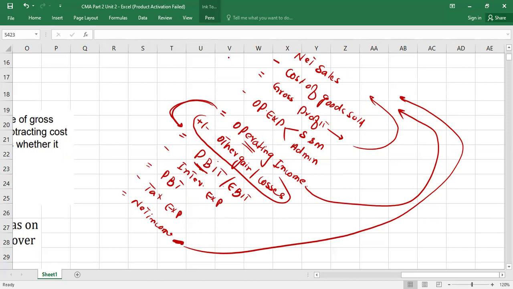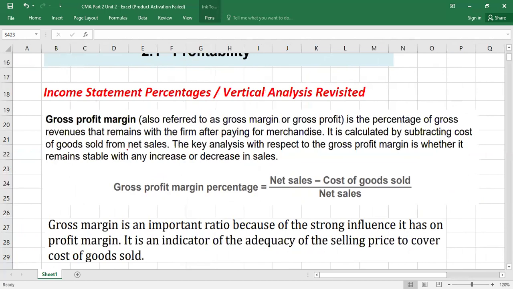This was known as vertical analysis. So these are the three ratios we are going to discuss, and that is why it's a kind of vertical analysis, especially for gross profit, operating profit, or net profit.